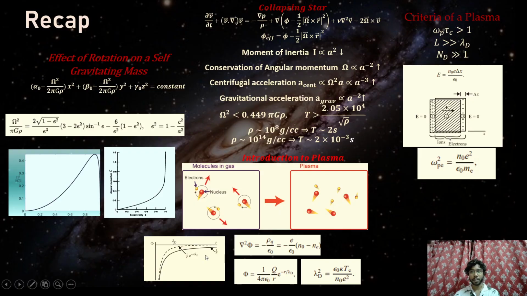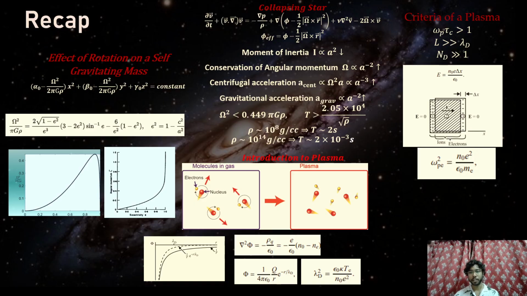So we actually studied two more important concepts related to the plasma. One is the shielding effect of the plasma, which is the Debye shielding characterized by the Debye length. So it states that as you have free ions and electrons in the plasma, the ions will try to attract the electrons and form a kind of shell around it, which shields the rest of the electrons from coming near to it, right?